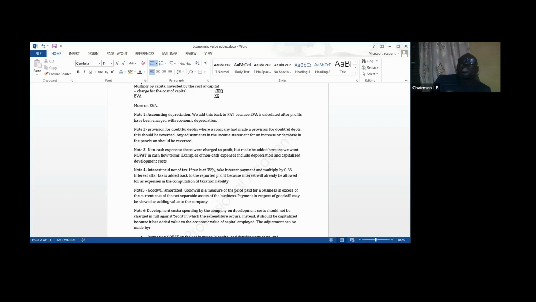When we say value, we expect that advertisement to lead to growth or a rise in the company's sales. If we have incurred 20 million for that advertisement cost, whatever he's saying is, we should not charge that cost to expense immediately.